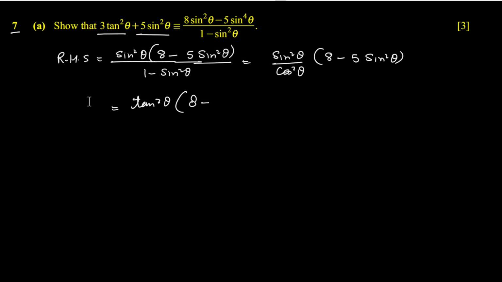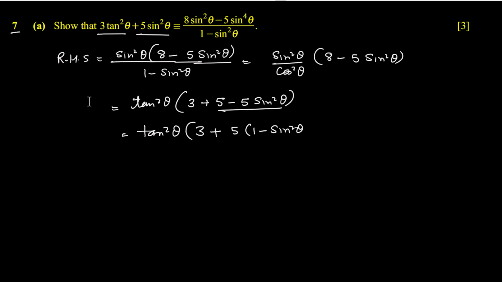So I'll write the 8 as 3 plus 5 minus 5 sine squared theta. Seeing the identity, this can be written as tan squared theta times 3 plus, if I factor out 5 again, 1 minus sine squared theta, or tan squared theta times 3 plus 5 cosine squared theta.